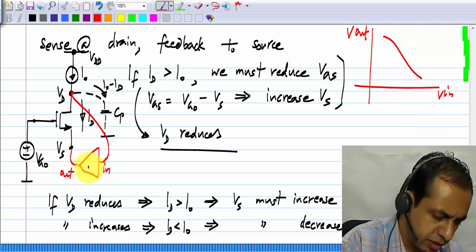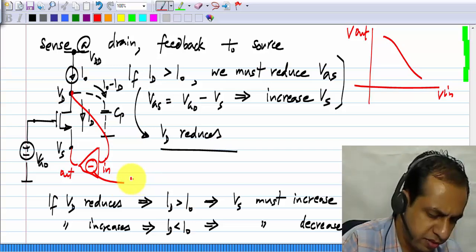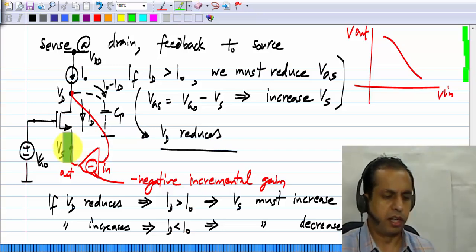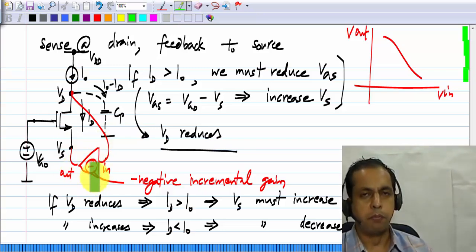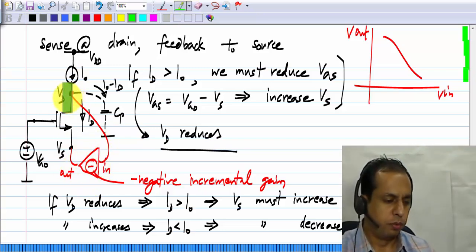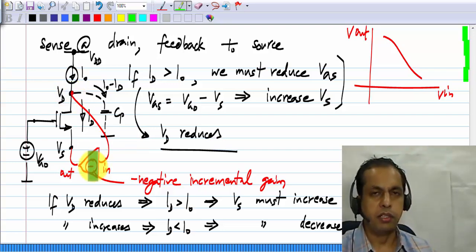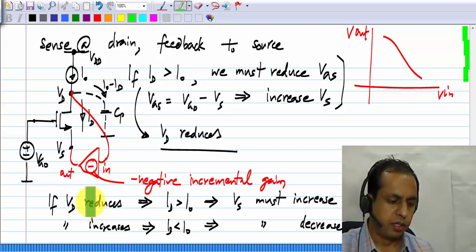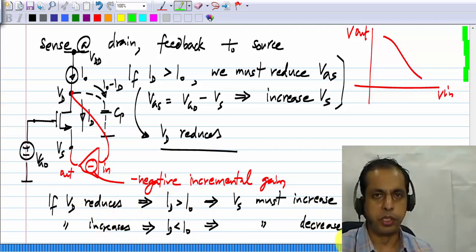In other words, it must have a negative incremental gain. So you must drive the source using an amplifier or some block which is driven by the drain voltage, and this must have a negative incremental gain, so that the sense of variation is as shown here.